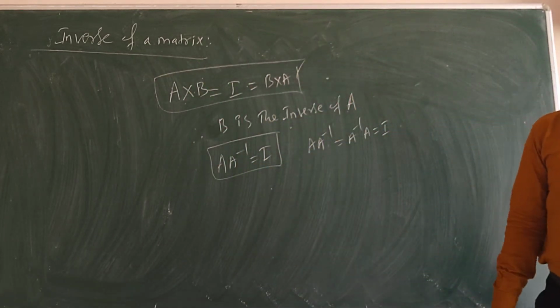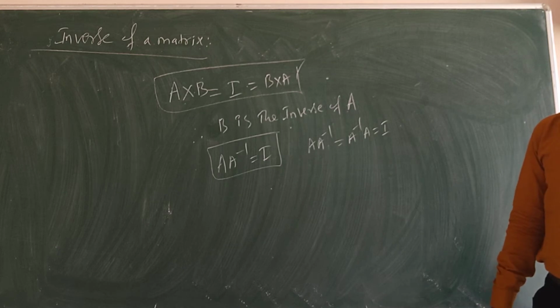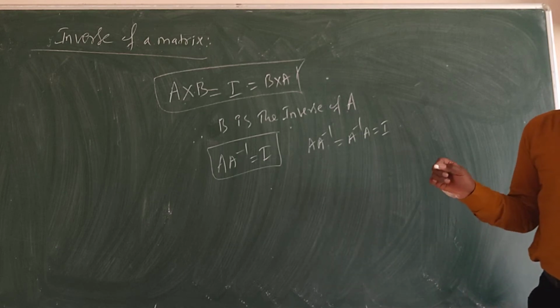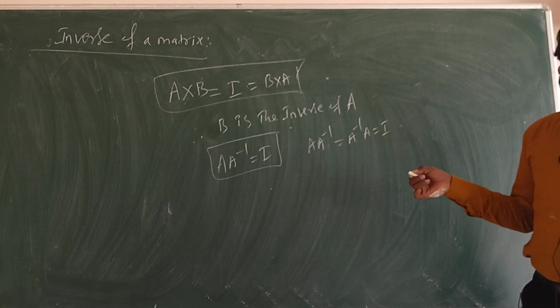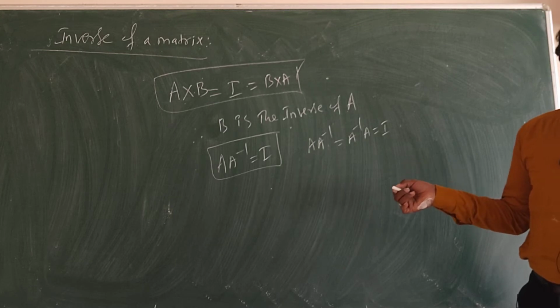See, A into B is not equal to B into A, except only a few cases, like identity matrix multiplied with identity matrix, you will get identity matrix.